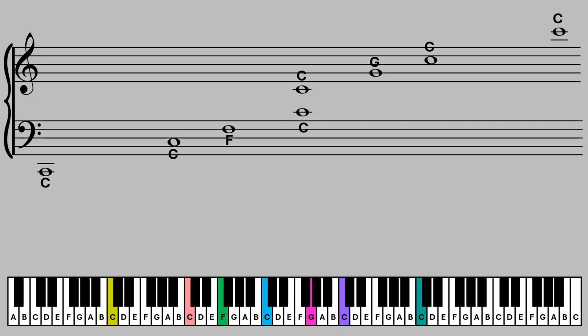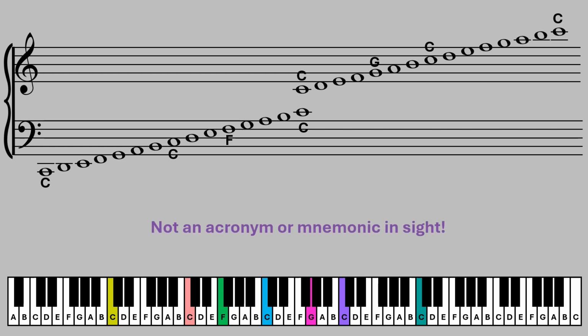Let's do it now. Not an acronym or mnemonic in sight.